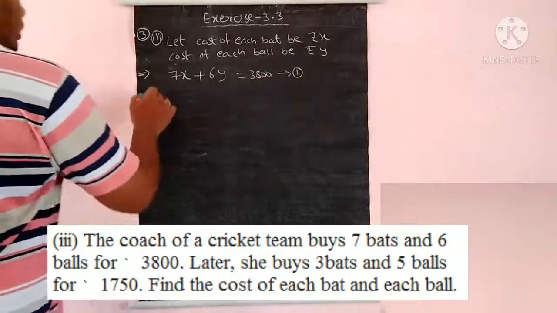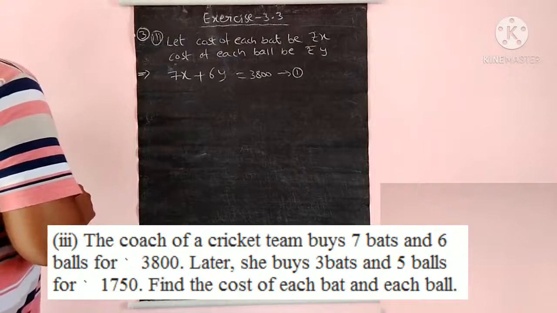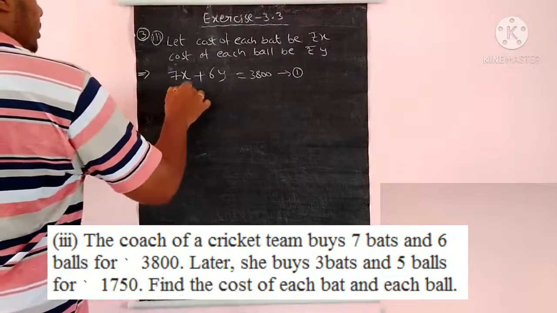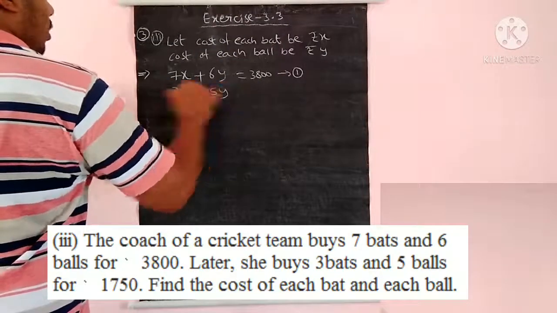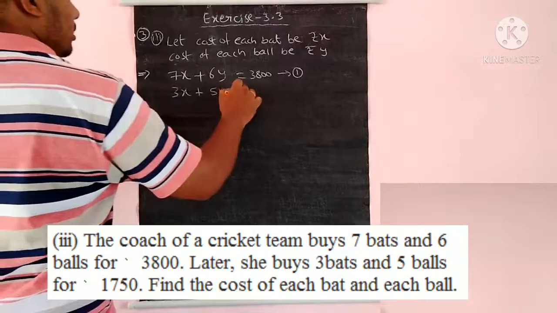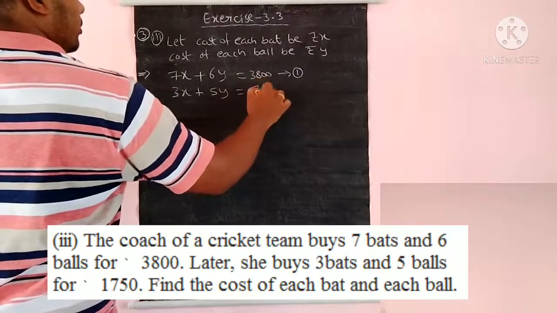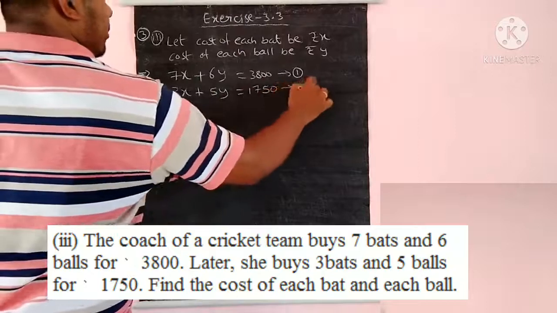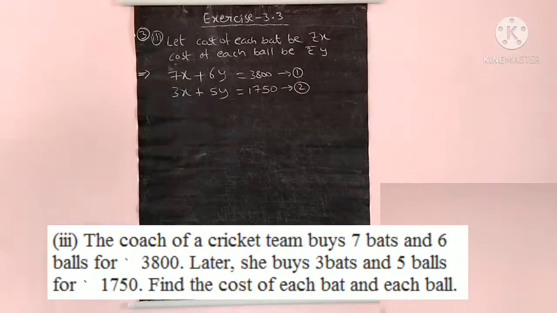That will be equation 1. And also given another case, she bought 3 bats and 5 balls. So 3 bats cost 3x rupees, 5 balls cost 5y rupees, equals 1750. Let it be 2. So here if you go with the elimination method, it will be easy.